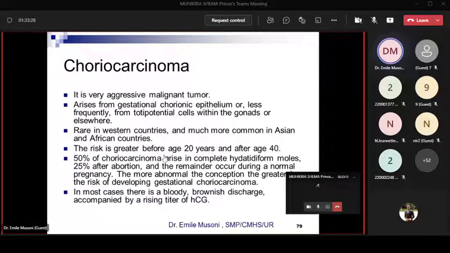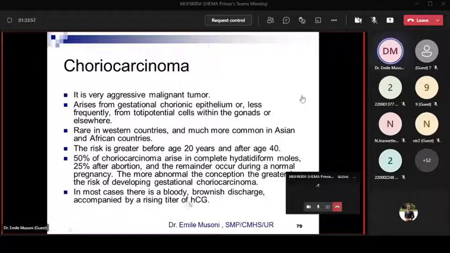50% of choriocarcinoma arise in complete hydatidiform mole. 25% after abortion. Retain this. In most cases, there is a bloody brownish discharge accompanied by a rising titer of HCG.